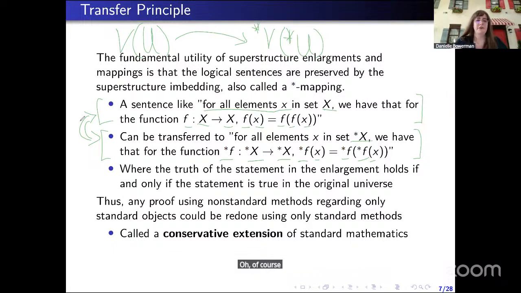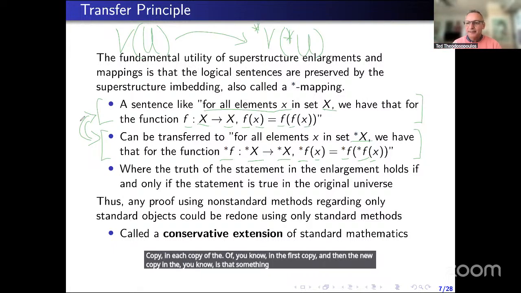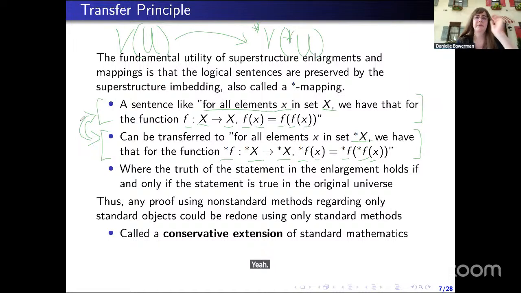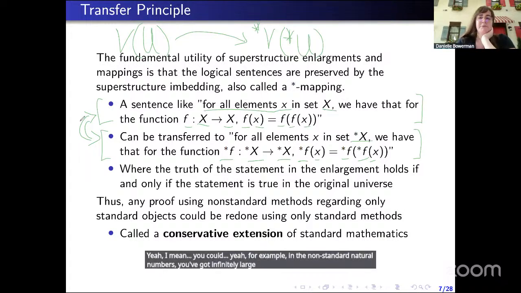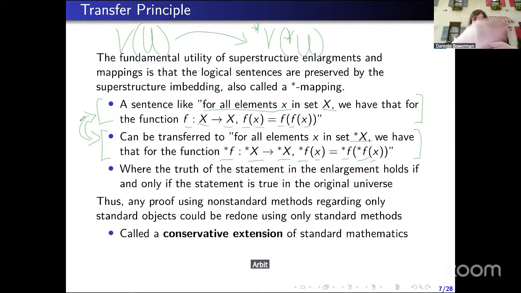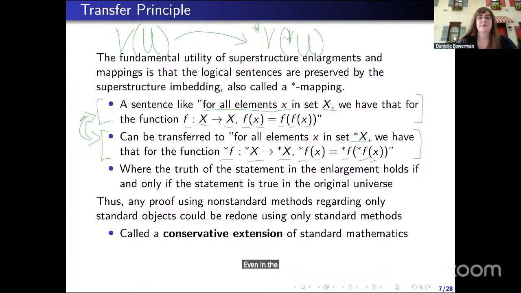Yeah, I mean, you could, for example, in the nonstandard natural numbers, you've got infinitely large prime numbers because there are arbitrarily large finite prime numbers. So you could define a sentence that describes the prime numbers and then transfer it to get that there's always a larger prime number, even in the nonstandard setting. So something of that sort.